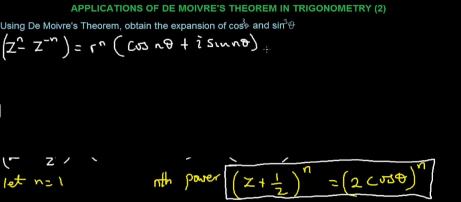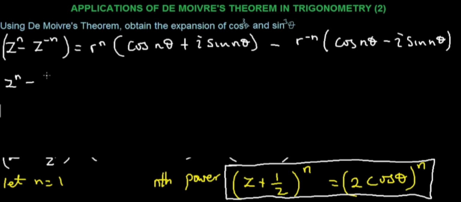Minus, we are doing minus now, r raised to power minus n into the bracket of cos n theta minus i sin n theta. So still the same procedure we used for cos. We will say that this is the same as writing z to the n minus 1 over z to the power n is equal to r to the n.